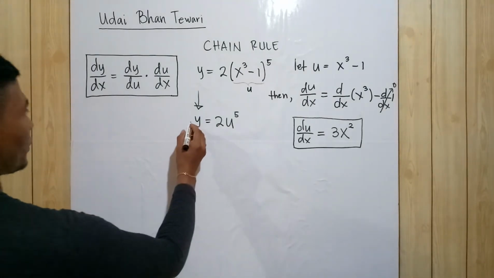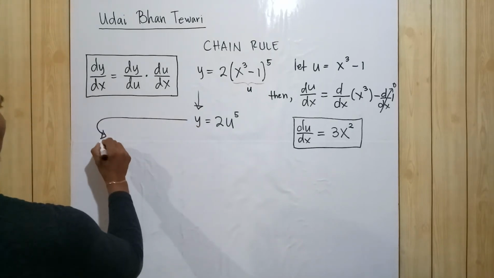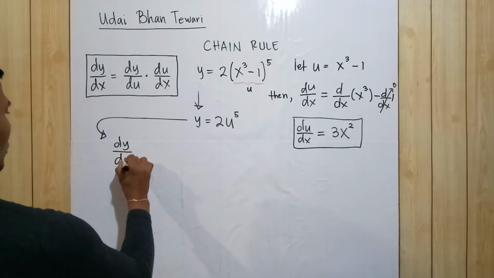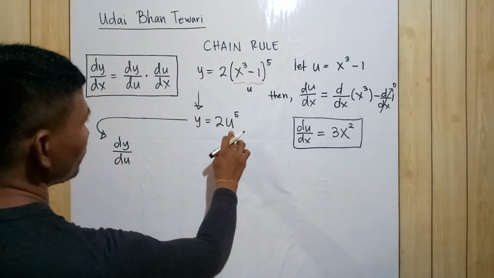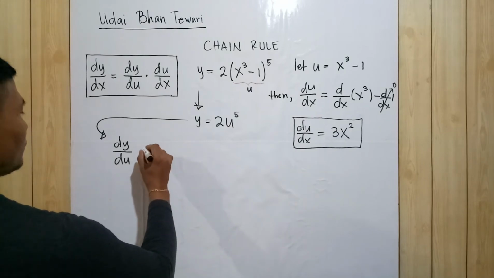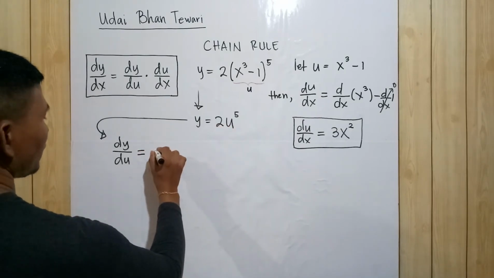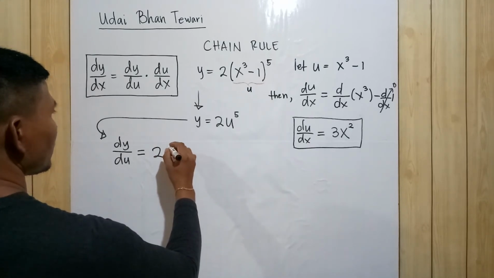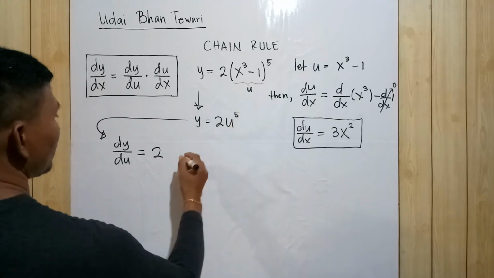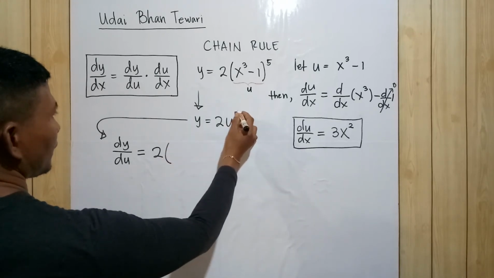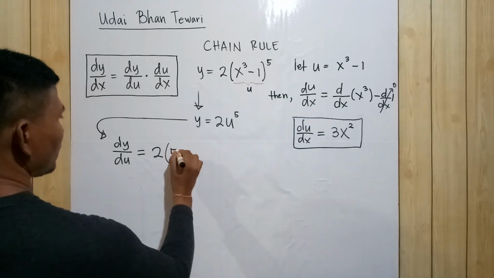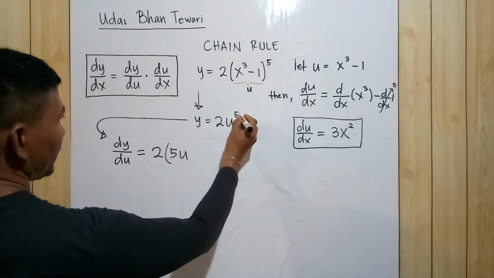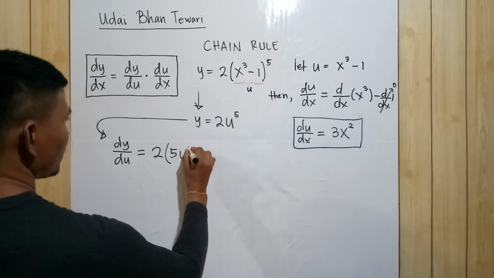So if we try to differentiate that here, dy du, differentiating y in terms of u, we know that 2 is a constant, and we retain 2. Differentiating u to the 5th power will give us this exponent as our coefficient, and then u, and then that 5 will be 1 less, so 5 minus 1 is 4.